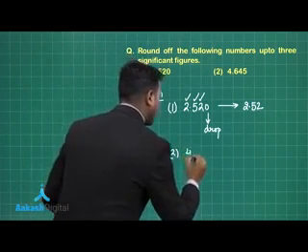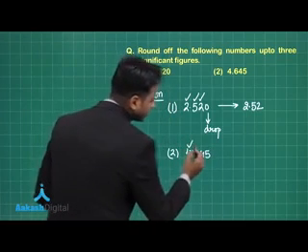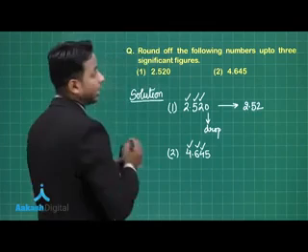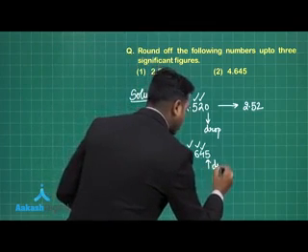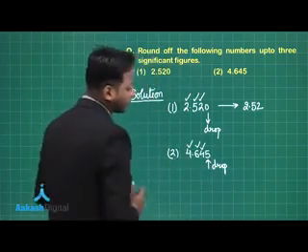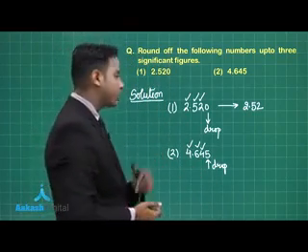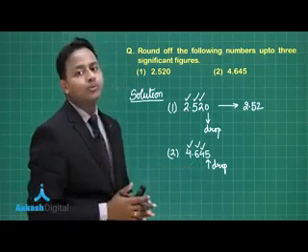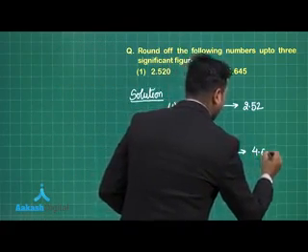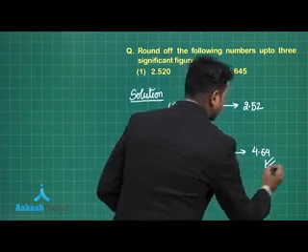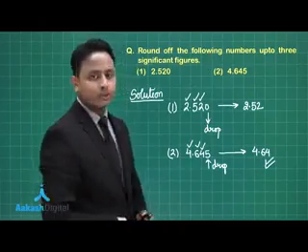Part 2 says 4.645. Now this is the first significant digit, this is the second, this is the third. That means I need to drop this 5. Now this number is 5. I need to check whether the preceding digit is odd or even. The number is 4, so it's even, so it should remain unchanged. So on dropping, this will come out to be 4.64. I hope the method is very clear to you. So let's move on to the next question.